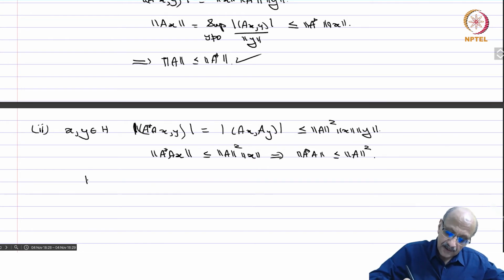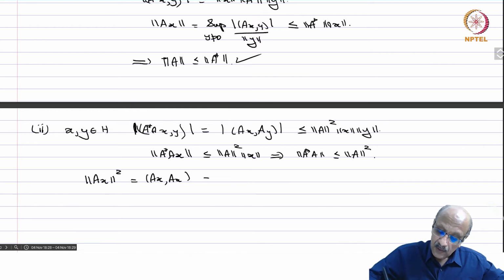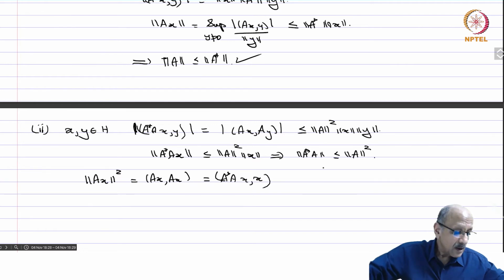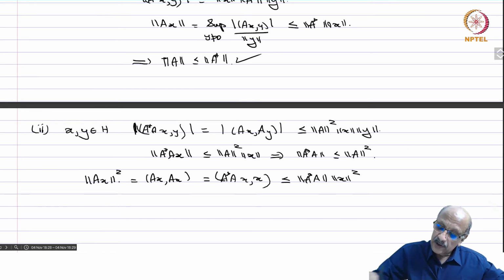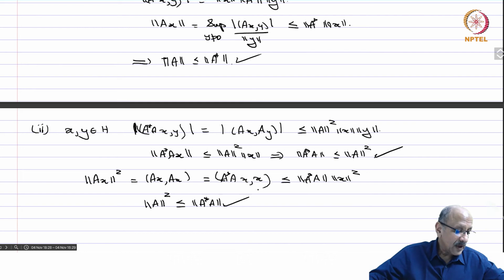On the other hand, norm of Ax squared is <Ax, Ax>, which is <A star A x, x>, which is less than or equal to norm of A star A, norm x squared. So norm of Ax squared by norm of x squared, the supremum gives you norm A squared, that's less than or equal to norm of A star A. And therefore once again you have both inequalities.